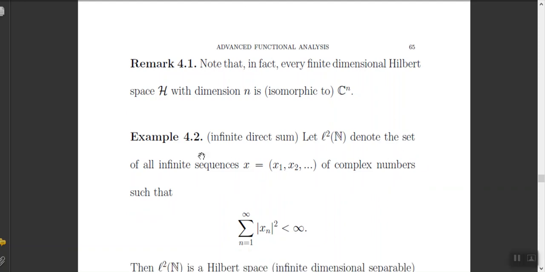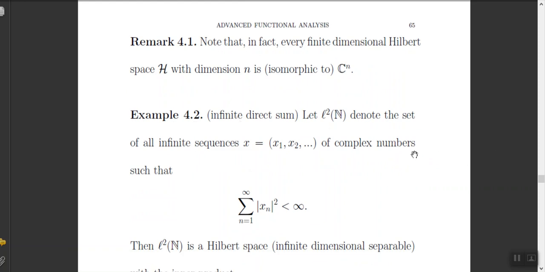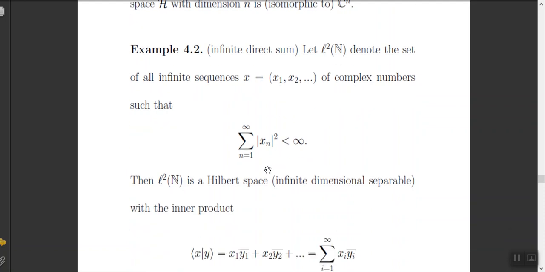Okay, next we have a very important example here, L2n, which is the infinite direct sum of C, the complex numbers. L2n denotes the set of all infinite sequences of complex numbers like this, x1, x2, and so on, such that this series is convergent.